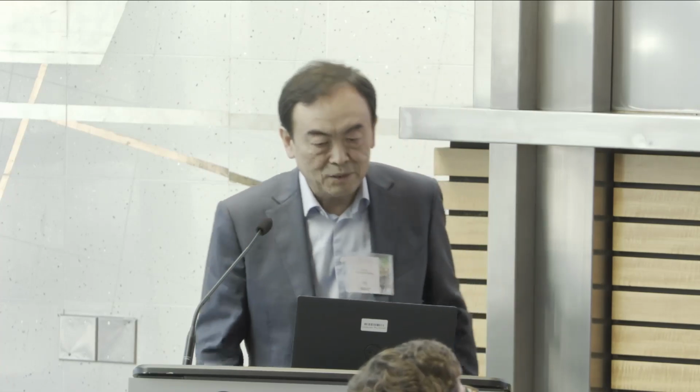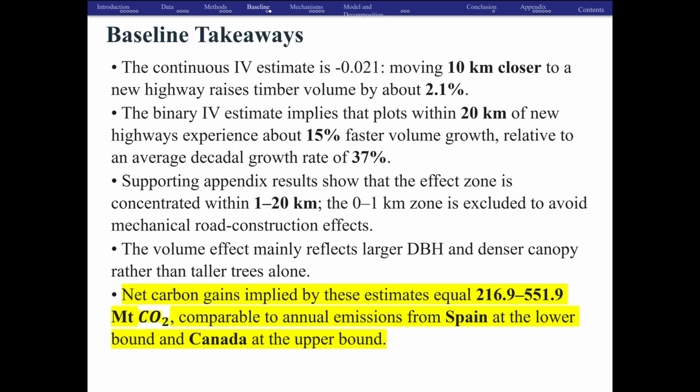So the takeaway is that based on the continuous IV estimation, moving 10 kilometers closer to a highway raises timber volume by about 2%. The binary estimate implies that plots within 20 kilometers of new highways experience about 15% faster volume growth relative to the average decadal growth rate of 37%.